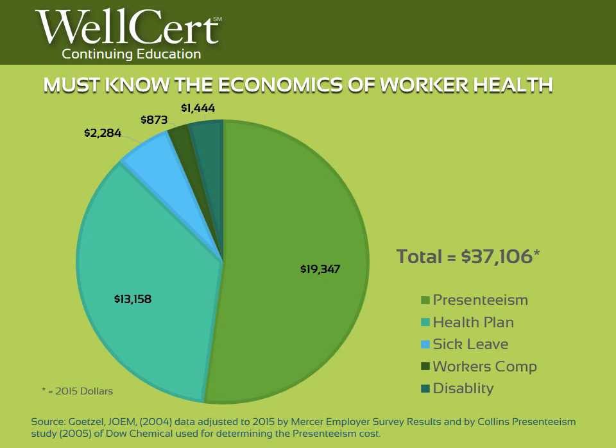The amount here of 37,000 is actually a pretty large economic cost, and it's the cost that I believe, and my experience leads me to believe, really needs to be represented to our senior management staff. And the idea here is that each organization has its own approximate cost for each of these five elements.